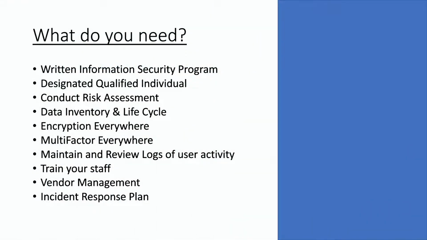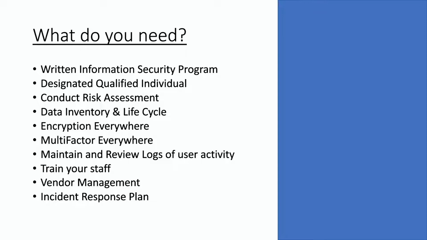So let me switch over to the list of what you need. Of course, this is coming out of my presentation. Many of you have seen this. This is the list of items specifically in the new guidelines for Gramm-Leach-Bliley, but we've been picking and choosing which ones we do first.